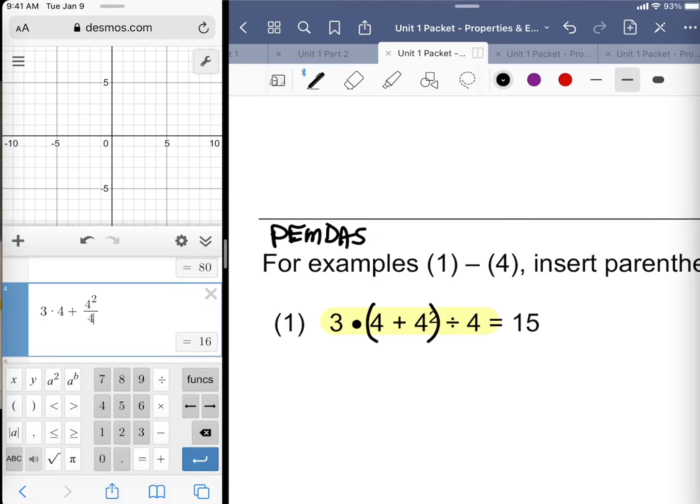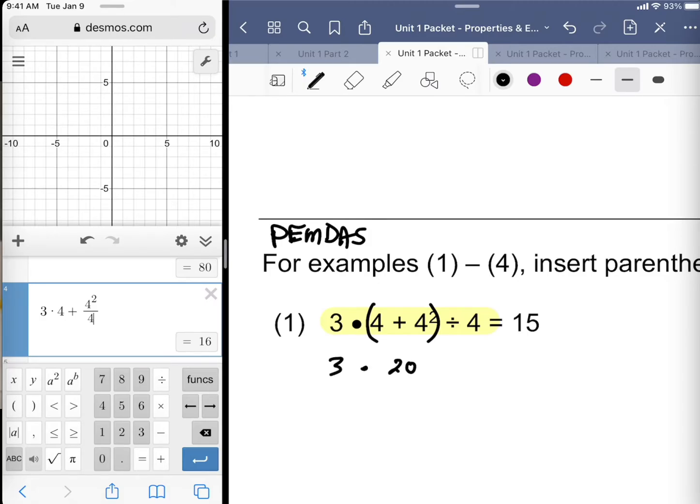May not work. If it doesn't work, that's fine, but you don't know until you try. So 4 squared is 16 plus 4, because within the parentheses, we've got to carry out all that stuff first. 4 squared is 16, plus 4 is 20.